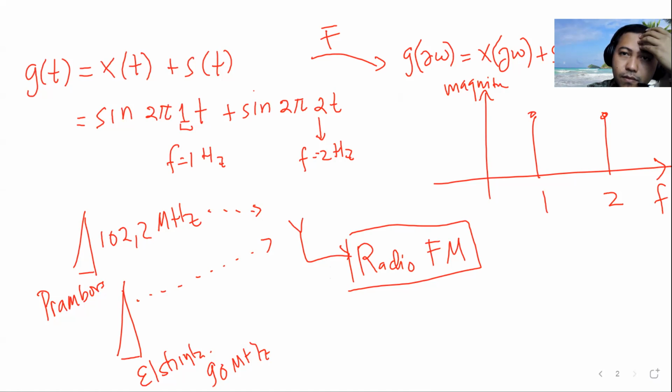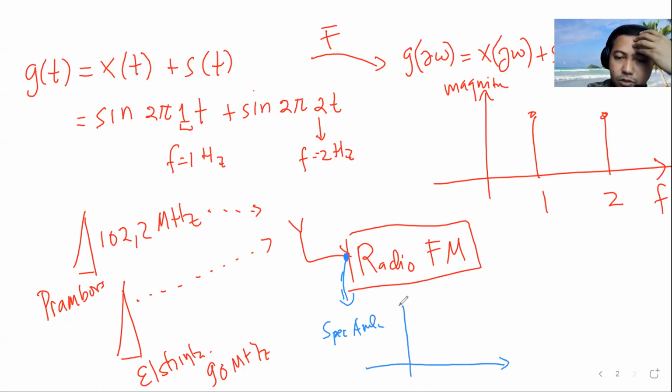If in this point you probe using a spectrum analyzer, the spectrum analyzer will show the magnitude, with 90 megahertz for El Sinta and 102.2 for Prambors, and the signal will be like this.